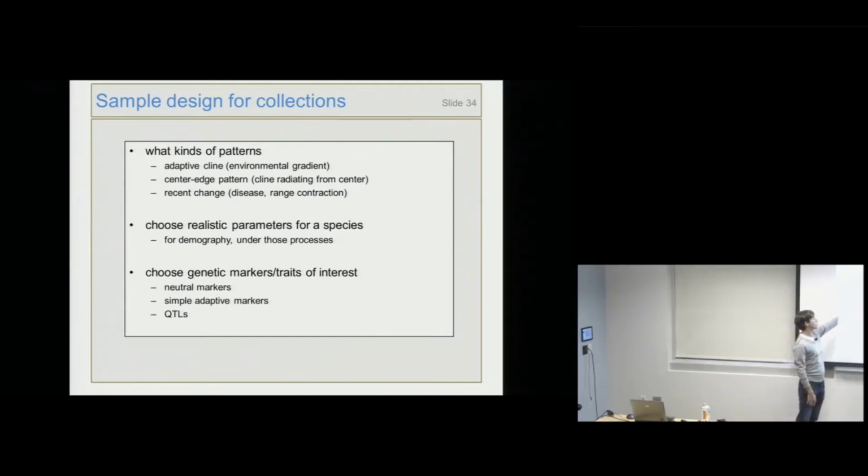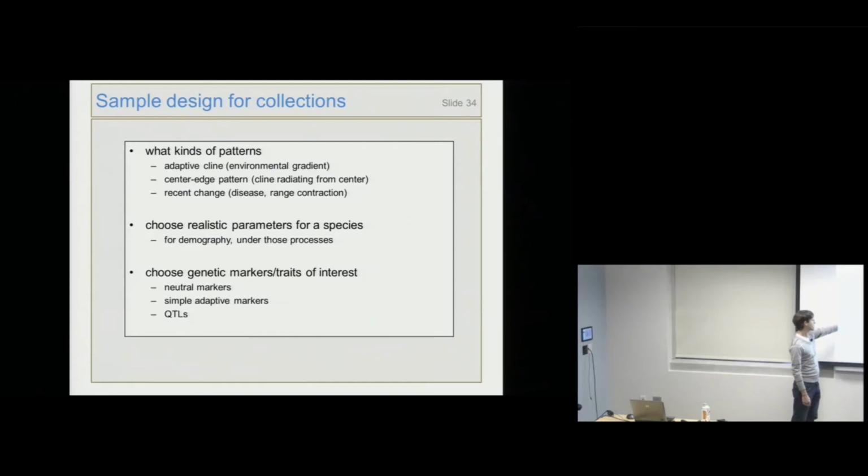We want to choose a range of realistic parameters for our simulations. These might represent particular species. We might want to do a species like the chestnut, which has wind-pollinated, animal-dispersed seeds, so pretty good dispersal, versus Eryngium alpinum, that other species I showed you at the beginning, which is gravity dispersed and insect pollinated, so much more limited dispersal. That's where we can get some realistic parameters from.